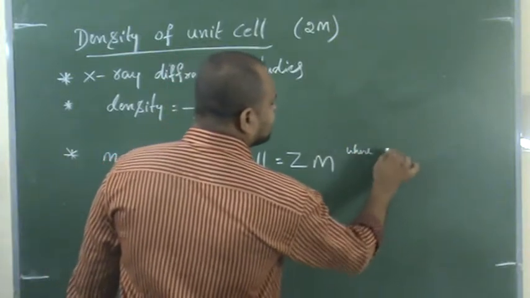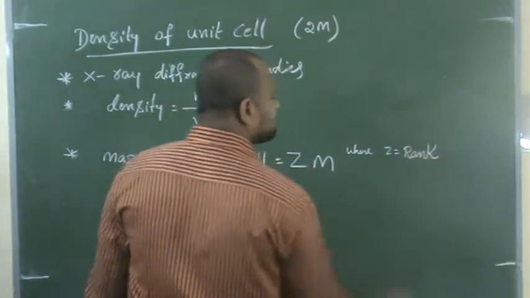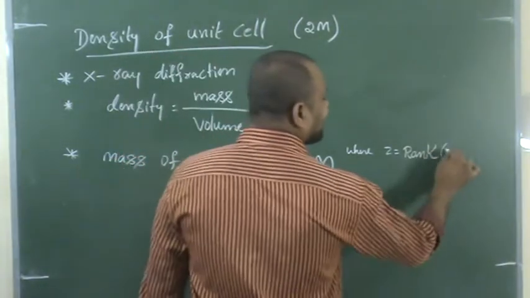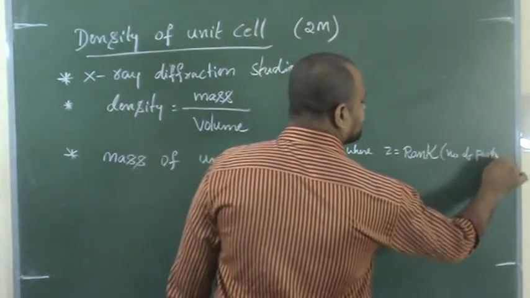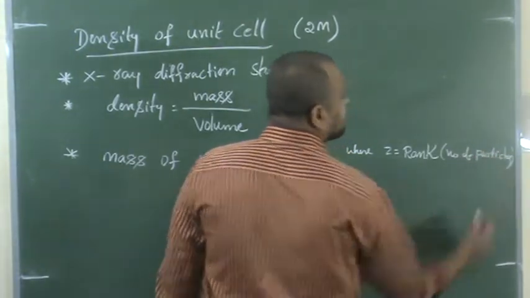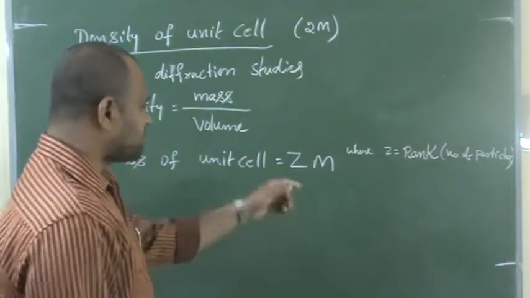Here, Z is equal to the rank. Rank means the number of particles. So Z is nothing but the number of particles. What is m?